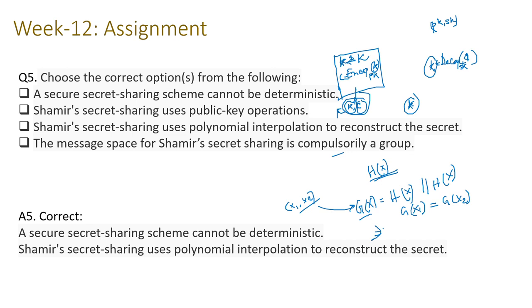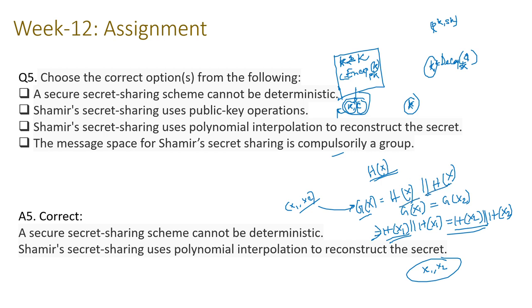That implies that h of x1 concatenated with h of x1 is equal to h of x2 concatenated with h of x2. Now this essentially means that the first half of this string and the first half of this string are the same. That means you are able to find a collision for hash function h as well. So that breaks the collision resistant property of hash function.